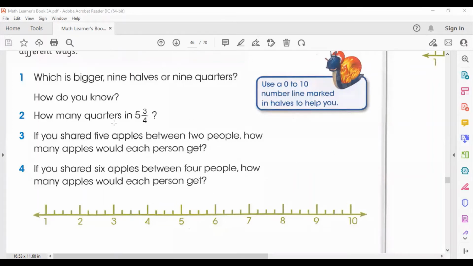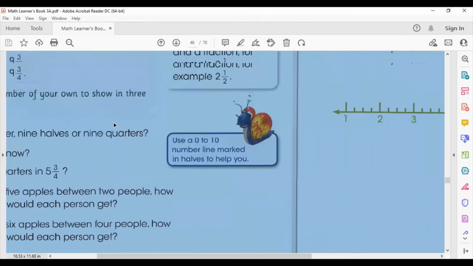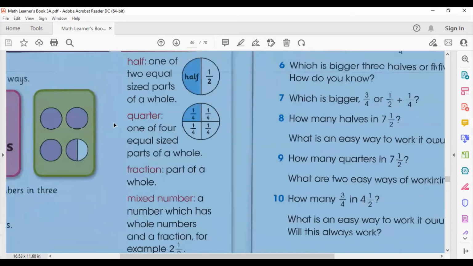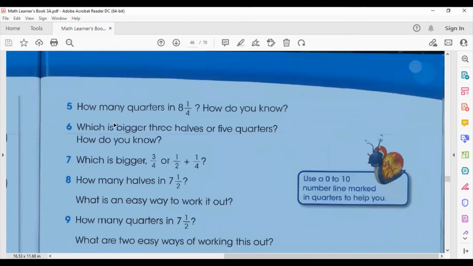Okay, let's move to the next question, number 5. How many quarters are in 8 1 by 4? Very easy. I just told you, change the mixed number into a fraction, so you can easily find how many quarters there are. We should know it is 1 by 4 because we are talking about quarters.